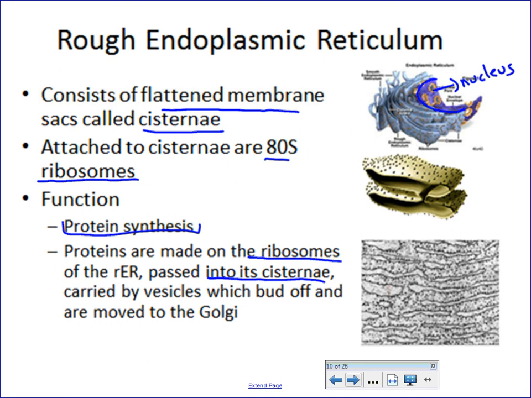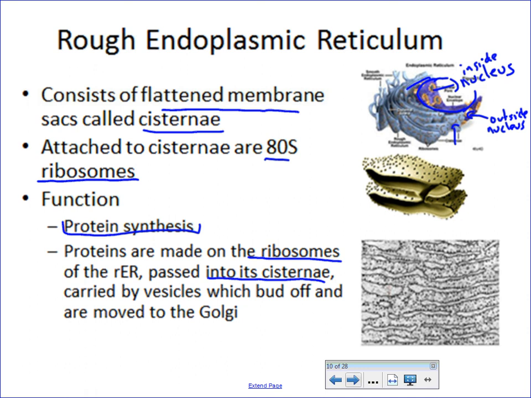So if that outline in blue is the nucleus, this would be inside the nucleus, and then you have this portion here outside the nucleus, which would be the cytoplasm. So just outside of the nucleus is where you would find the rough endoplasmic reticulum.